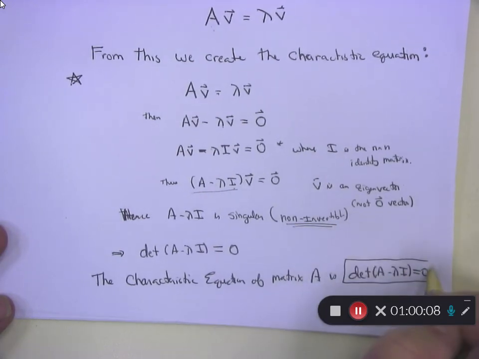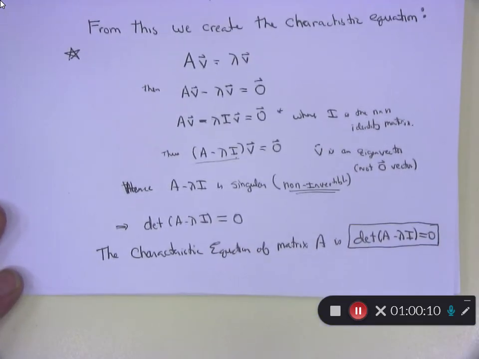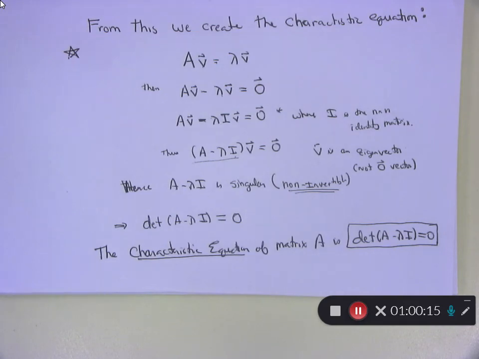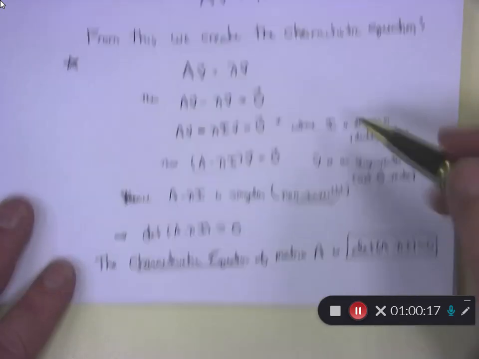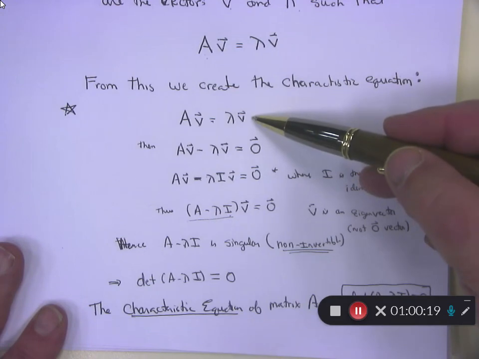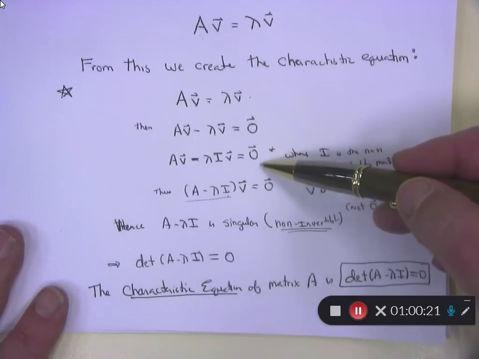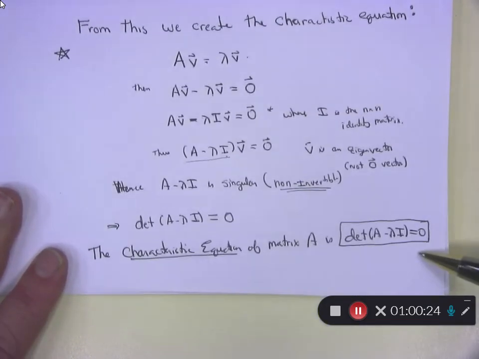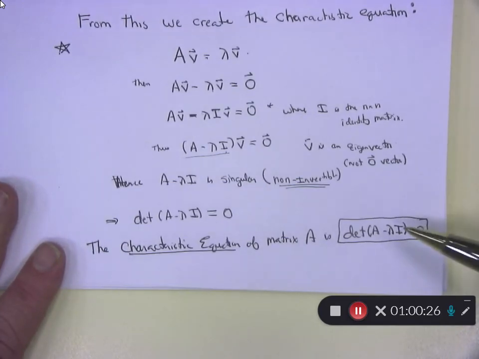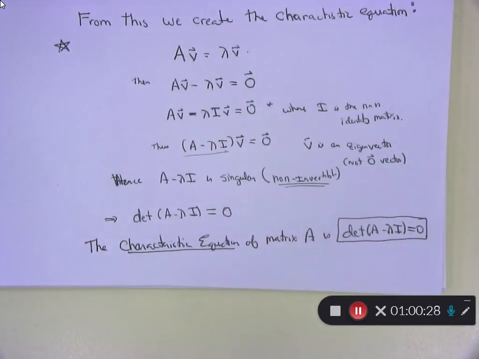That is an equation. That's called the characteristic equation of a matrix A. Okay? And it basically stems from the definition of eigenvector and eigenvalue, and how we have to mathematically put it together so we can solve, because this is going to help us figure out who the eigenvectors and who the eigenvalues are.